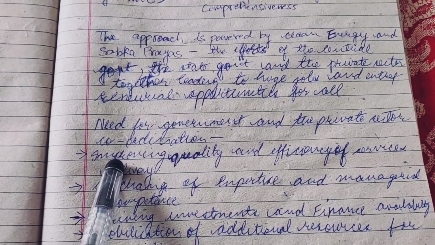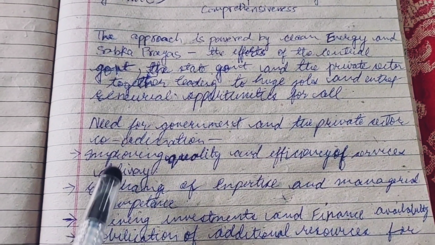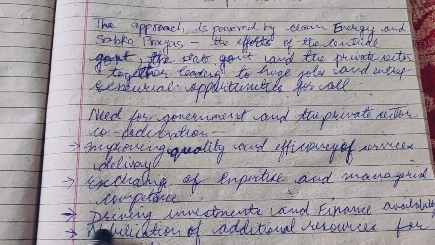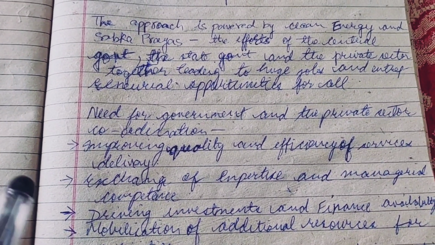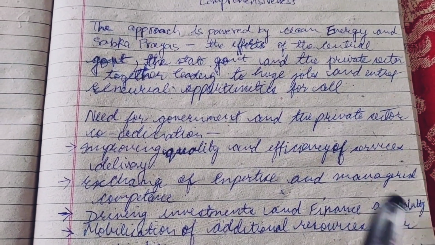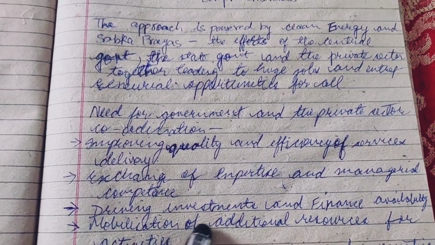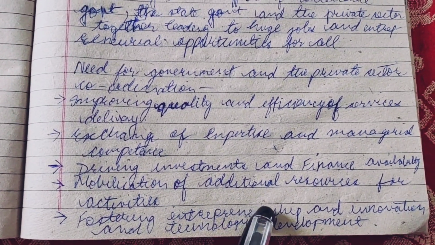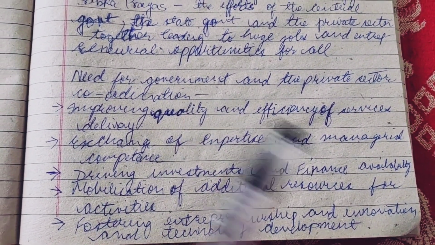So the quality and efficiency of service delivery will be improved. Then exchange of expertise and managerial competence. Then driving in investments and finance availability. Mobilization of additional resources for activities. Fostering entrepreneurship and innovation and technology development.